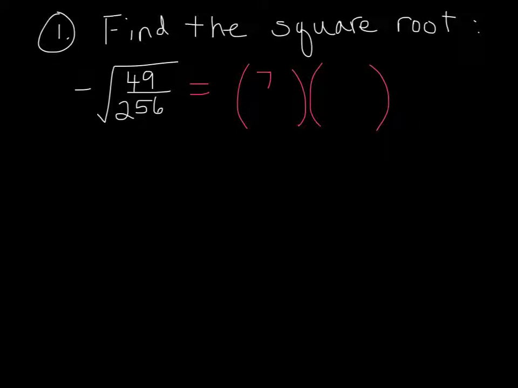I know that 7 times 7 equals 49. And then I know that 16 times 16 equals 256. And I know that the negative sign out front of the radical symbol means that they want the negative root. So the answer is going to be negative 7/16.